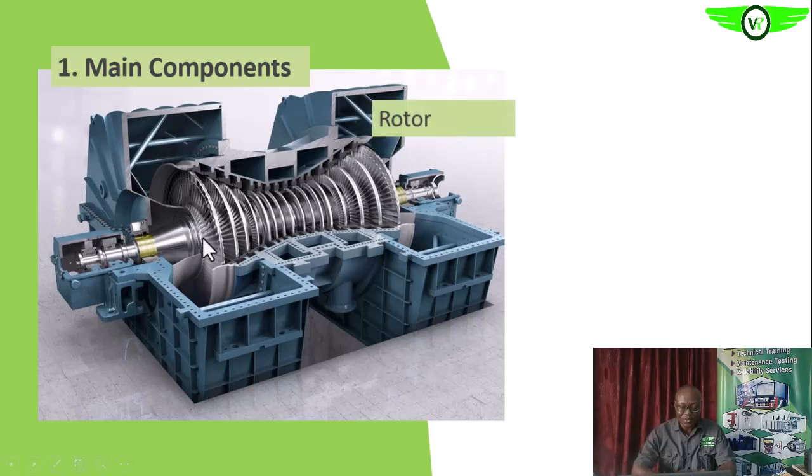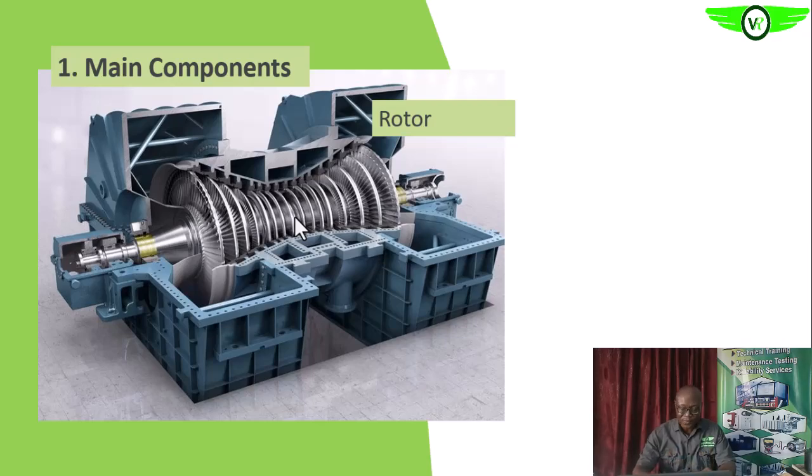Then we have the rotor, which is this particular shaft that is rotating. The rotor, together with other components on the rotor, is responsible for converting the kinetic energy in the steam, as we'll see later, into rotating mechanical energy. The naming is by virtue of the fact that during normal operations it always rotates.